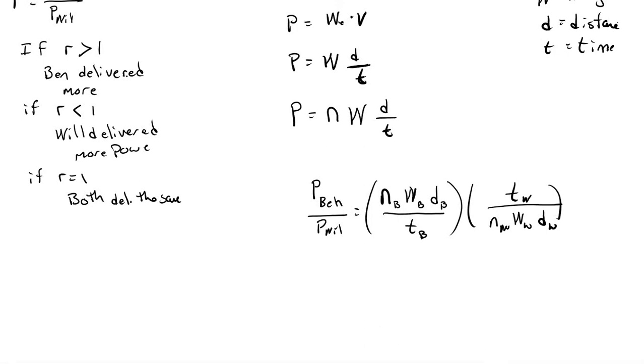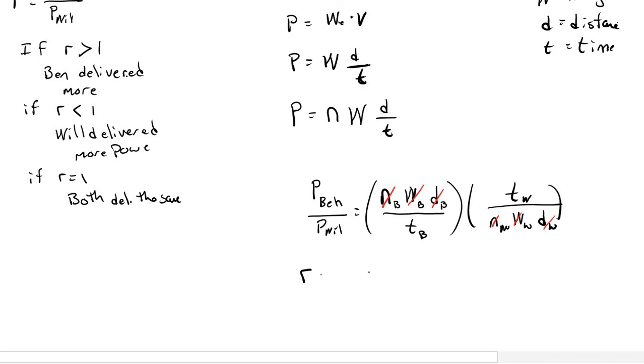A couple things we should note now: the number of times is 10 for both, so that crosses out. We also know the weight's the same at 100 pounds. We also know they're about the same size.